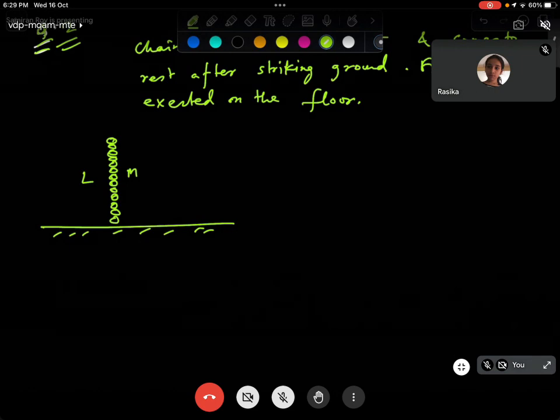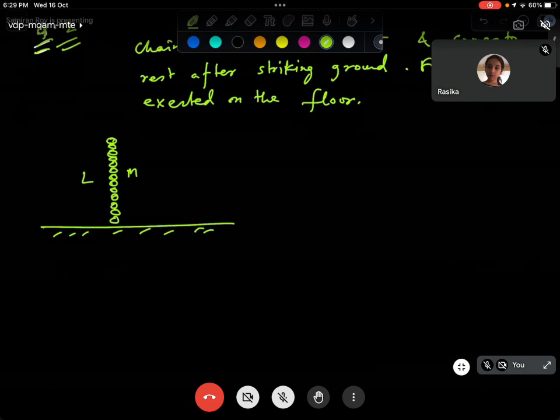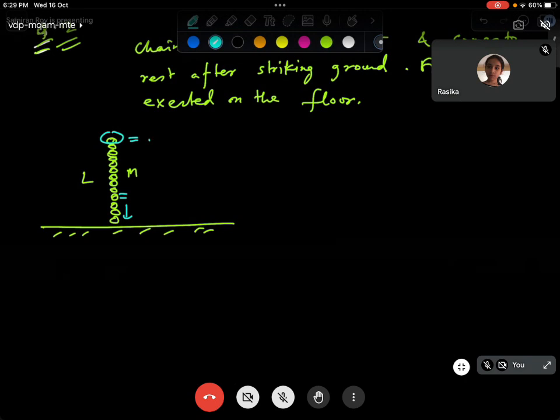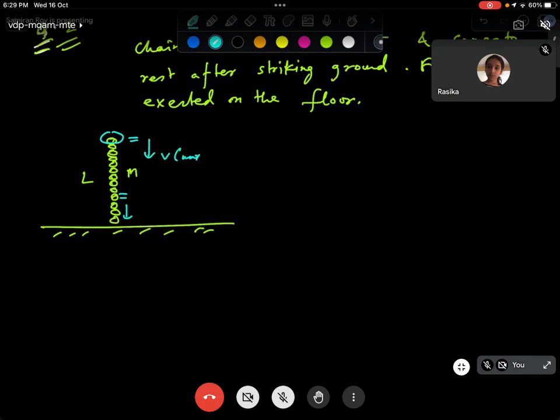Basically, whenever the chain is falling, whichever part is falling exerts some force on the ground and comes to rest. But the problem is all parts will not fall with the same velocity. The topmost part will fall with the maximum velocity. The lowermost part, which is just touching, has velocity that may be 0.